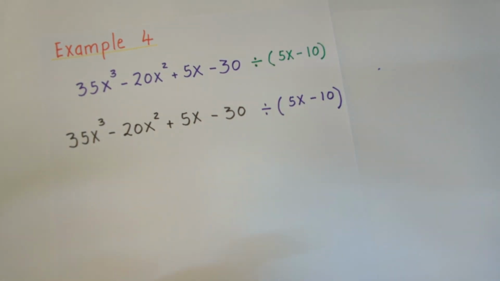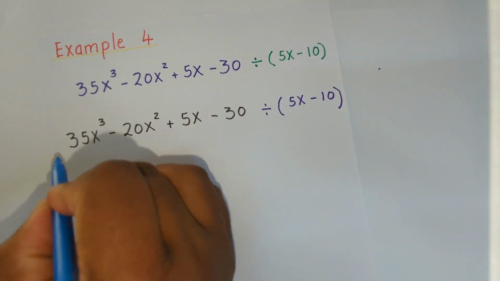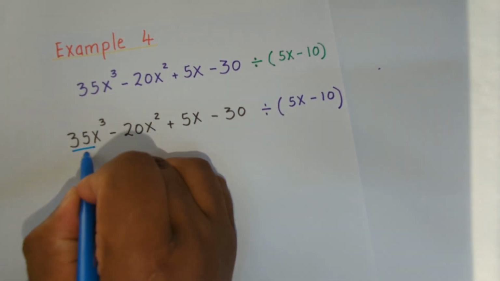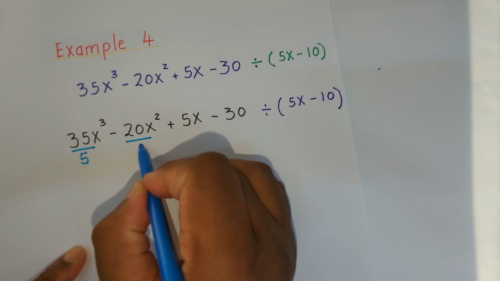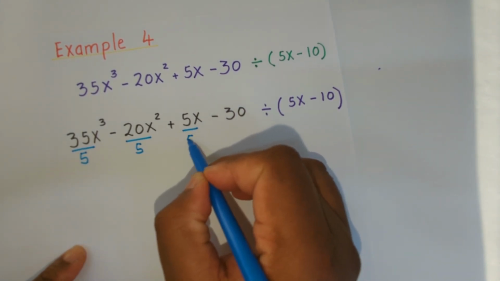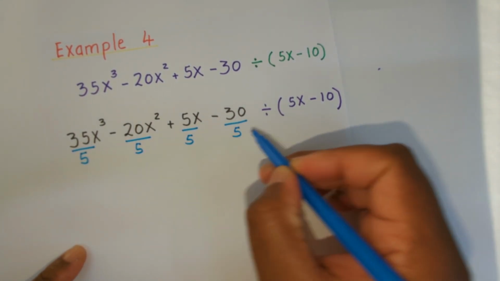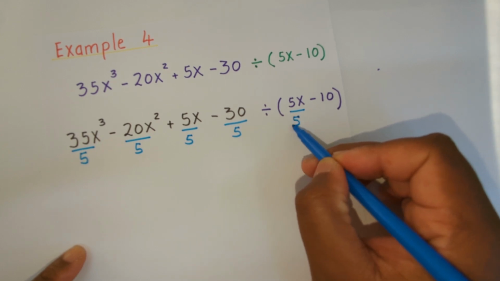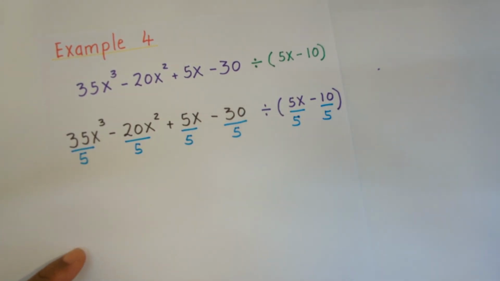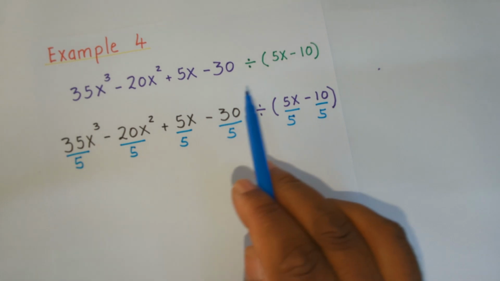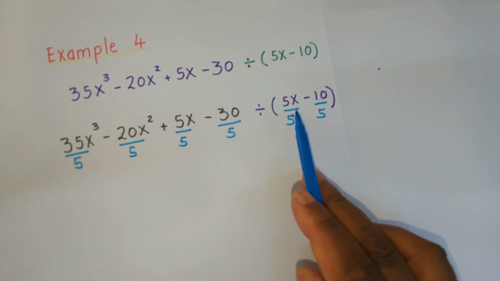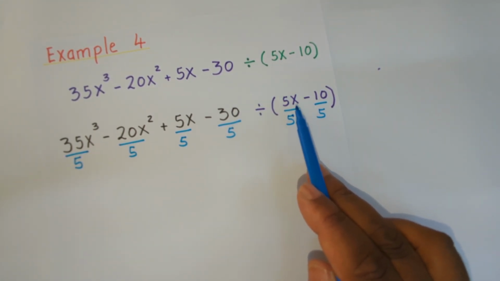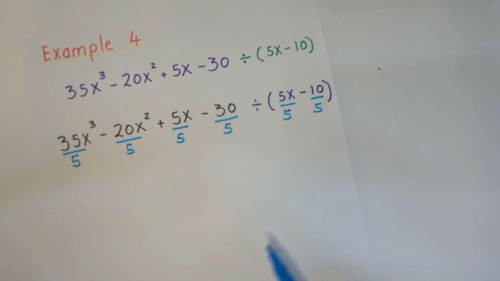Since the coefficient of x is 5, we're going to divide each and every term by 5. So we divide both our dividend and our divisor by the coefficient of x in our divisor.